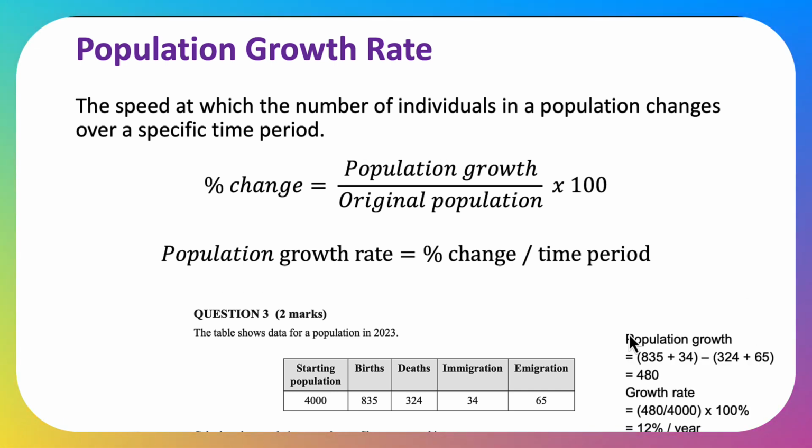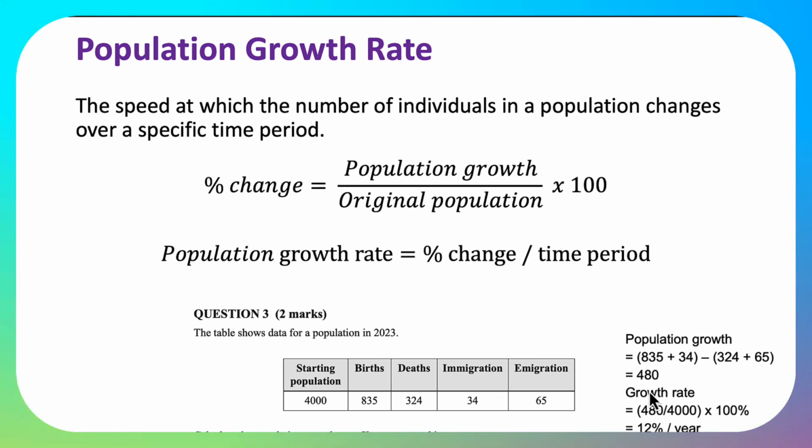So first of all, that population growth is the births, 835, minus our deaths, which are 324, plus our immigration, 34, minus our emigration, which is 65. So overall, there's been a positive change of 480. So the population at the end was 4,480, or an increase of 480.